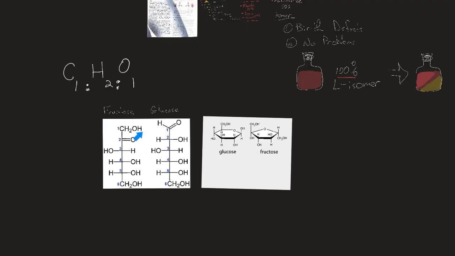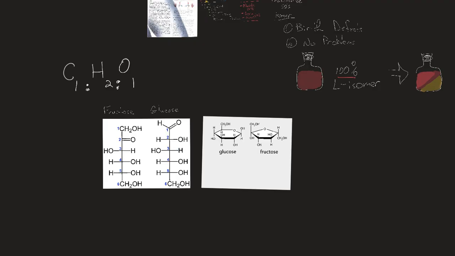If you don't see a number, it's 1. So 2, 3, 4, 5, 6, 7, 8, 9, 10, 11, 12. So there's 12 hydrogens. How many oxygens do I expect? 1 for every 1 carbon. So 6 carbons means 6 oxygens. So 1, 2, 3, 4, 5, 6. So that works out for fructose, and the same will work out here for glucose.